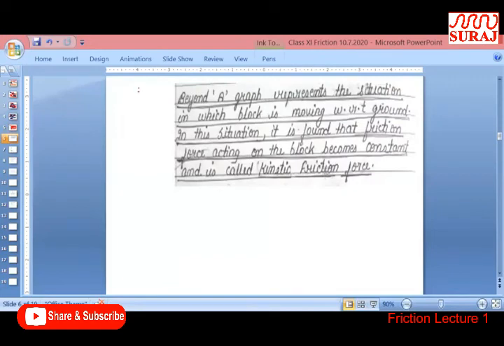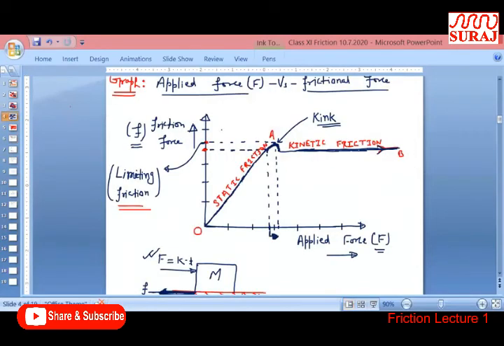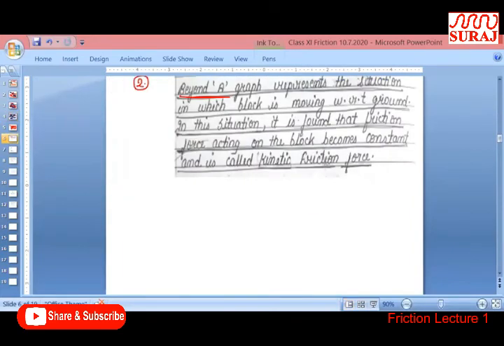Now see the next point regarding the concept of friction with the help of the graph. Beyond A, I will show you what is beyond A. This is A. Beyond this situation, A onwards, the graph represents the situation in which the block is moving with respect to ground.